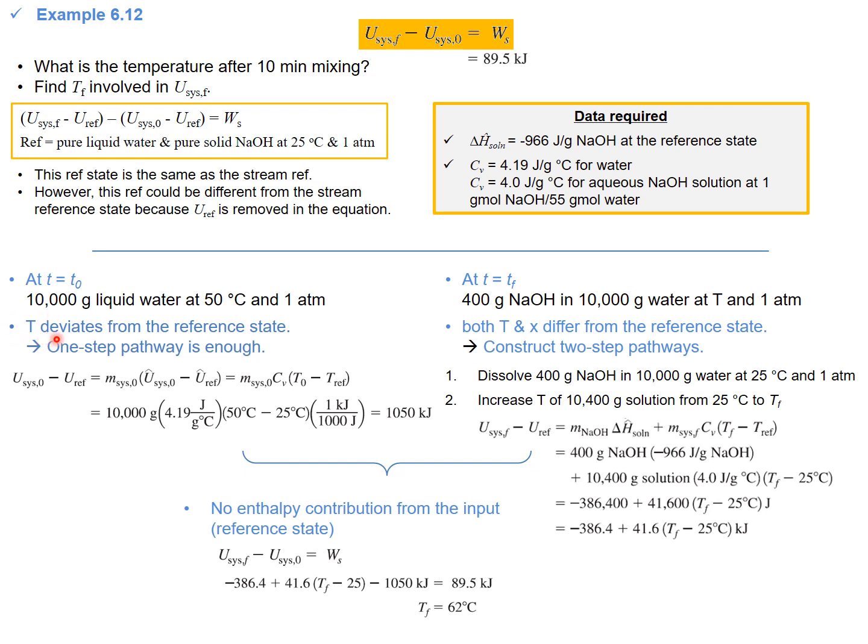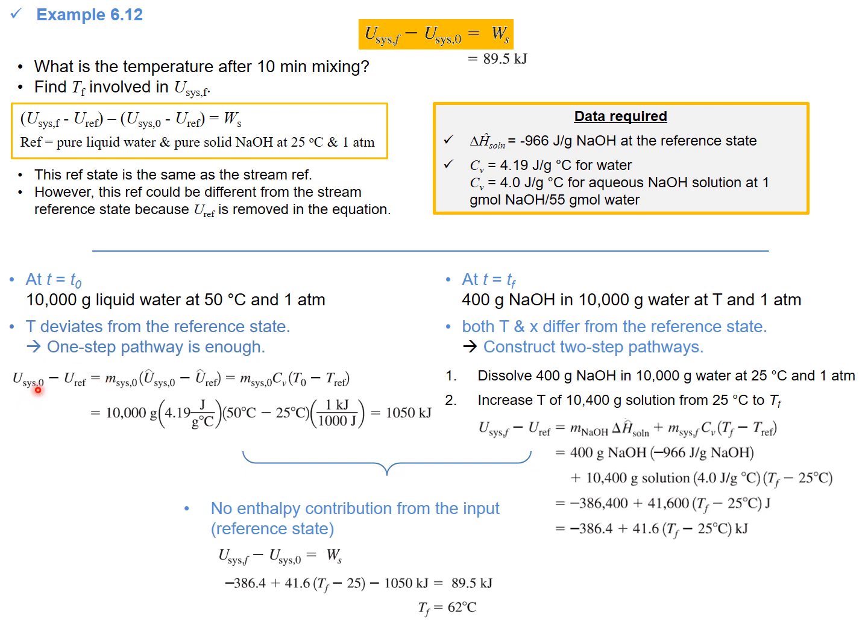Temperature deviates from the reference state. Right now we are at 50 Celsius degree, but the reference state should be 25 Celsius degree. So only a one-step pathway is enough because only temperature is variable.